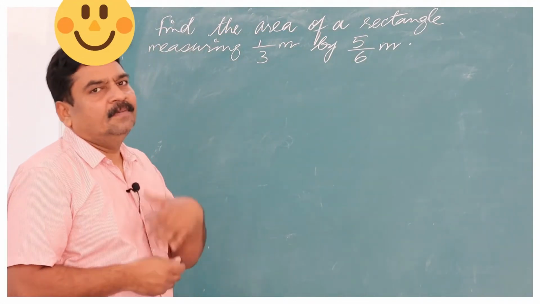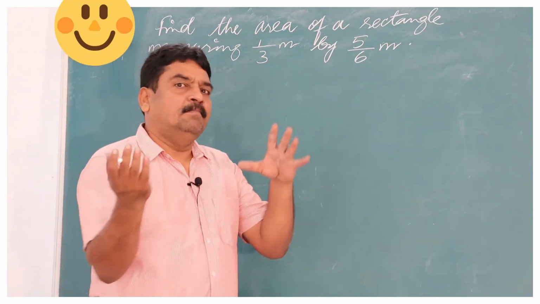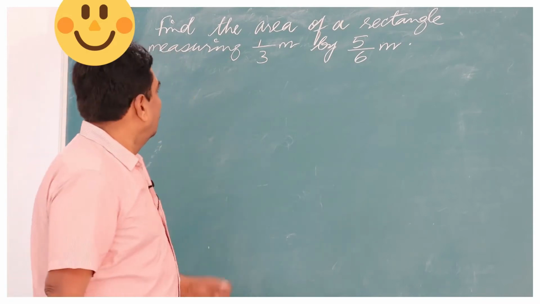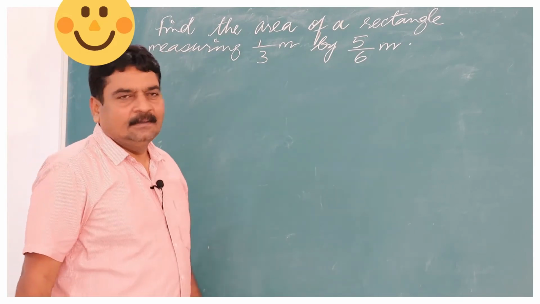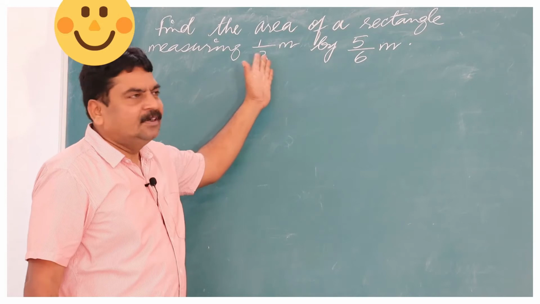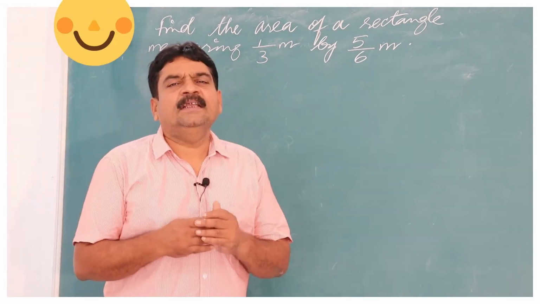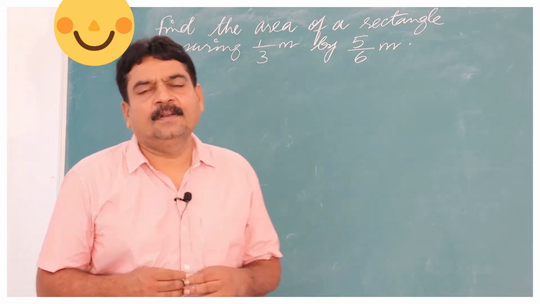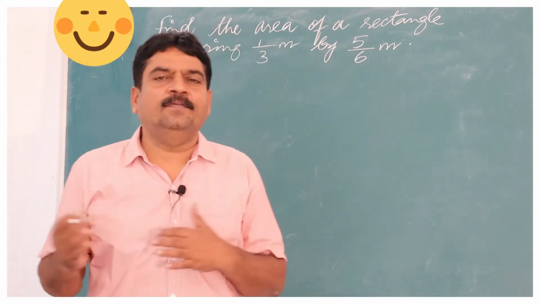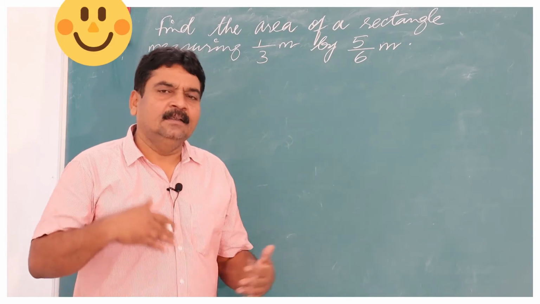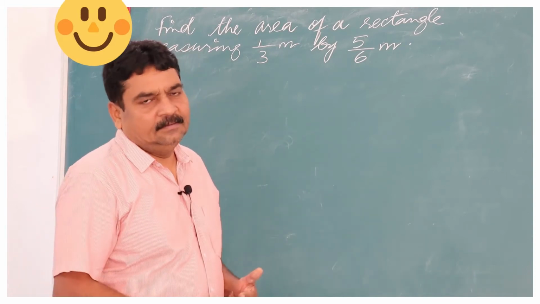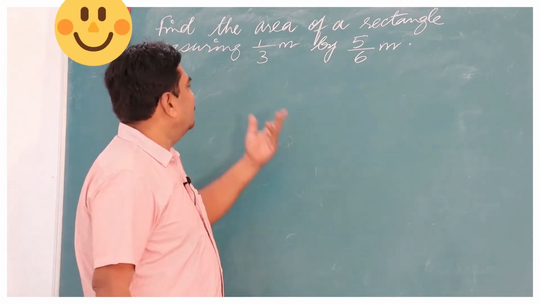I'll read the question once again so that you can come back to this screen. Find the area of a rectangle measuring 1/3 meters by 5/6 meters. What is the area of a rectangle? Area of a rectangle is the product of two sides, that is length into breadth. So here two sides are given.